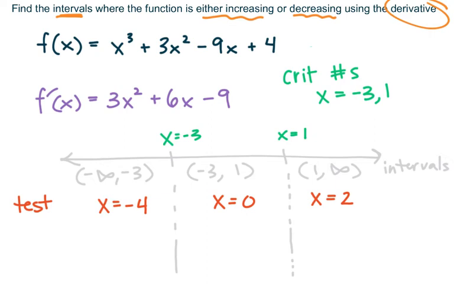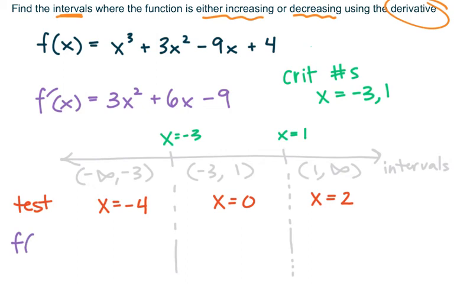Any number will work. Now, remember what we're trying to do. We are trying to determine where the graph is increasing or decreasing. So that has to do with the slope. Do we have a positive increasing or a negative decreasing slope? Remember, slope comes from the derivative.